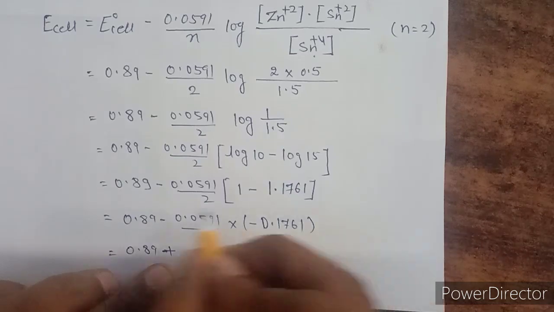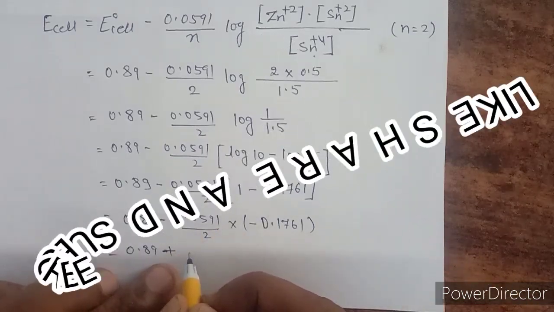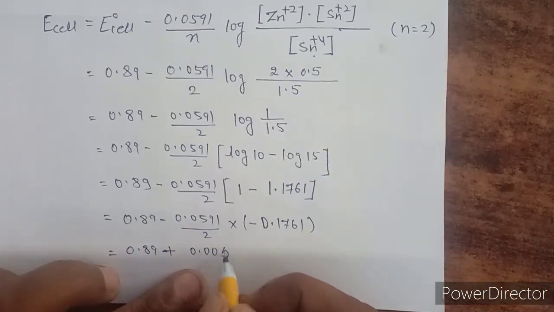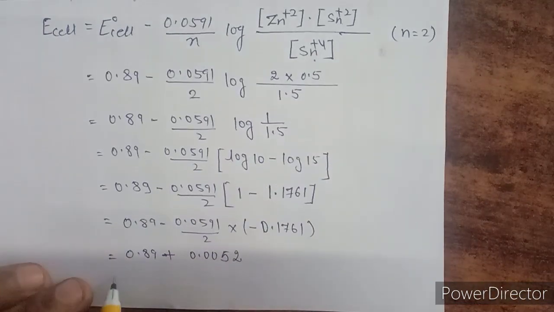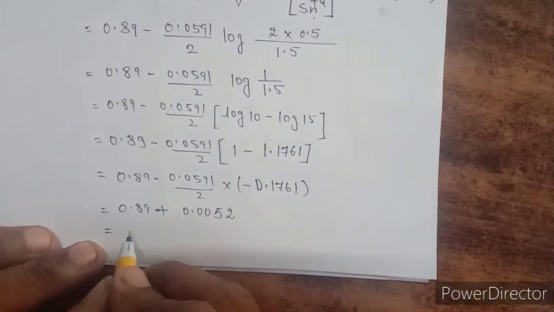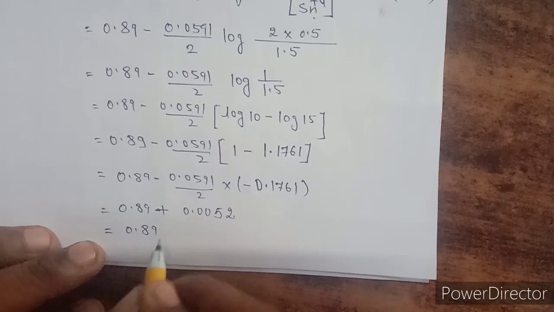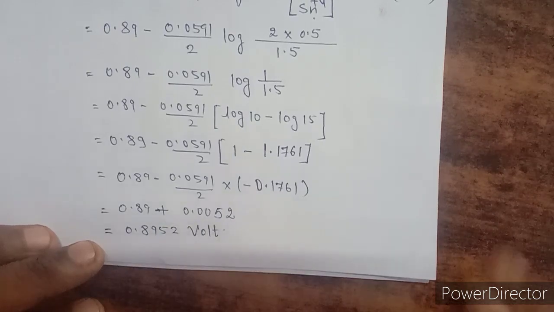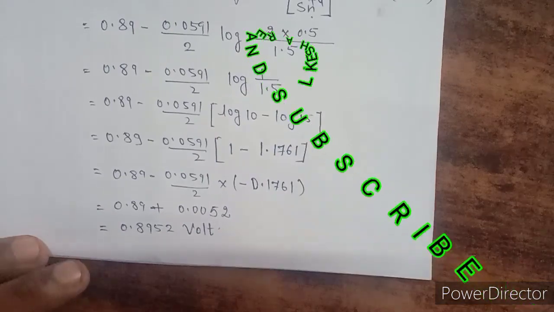When you calculate this value then you obtain 0.0052. When you add this then you find 0.8952 volt. This is the value of this equation.